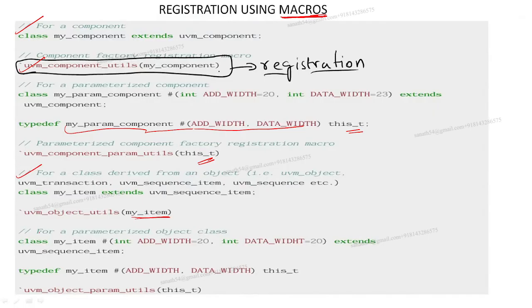For parameterized objects, write like this: class my_item #(int address_width = 20, int data_width = 20) extends uvm_sequence_item, typedef my_item #(...) this_t, `uvm_object_param_utils(this_t). Like this we need to write.